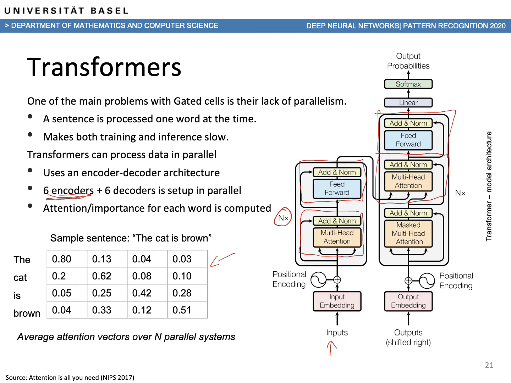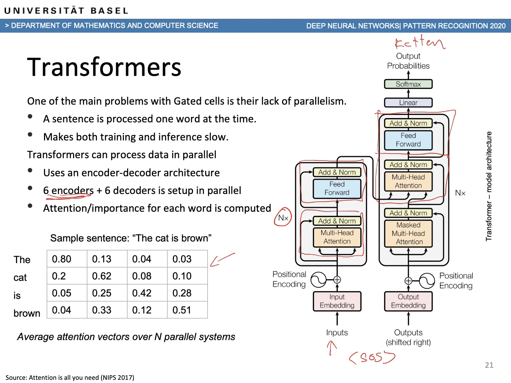So for instance, take the translation of this sentence, the cat is brown. To begin with, there'll be an SOS down here as the input, which is the start of sentence. Then we feed in the sentence. The first output of this decoder network would then be "katten", if we're translating to Danish.